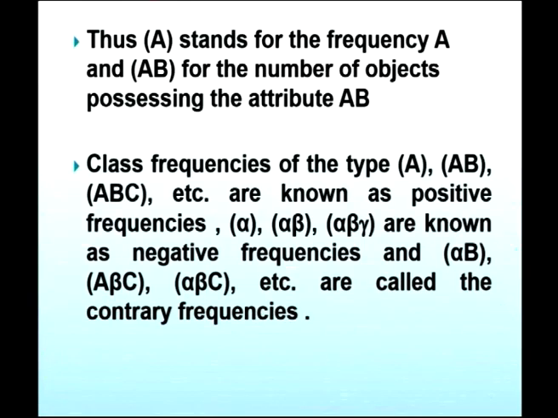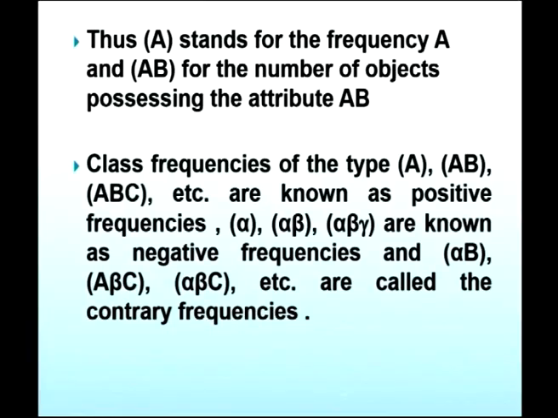Alpha, alpha beta, alpha beta gamma represent the non-possession of the attributes, and so they are called negative frequencies. If there is a combination of possession of one attribute and non-possession of another attribute, then such frequencies are called contrary frequencies.